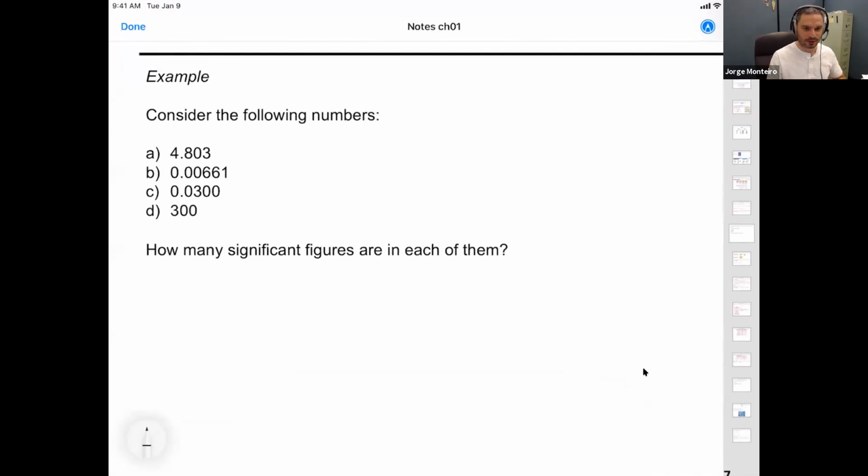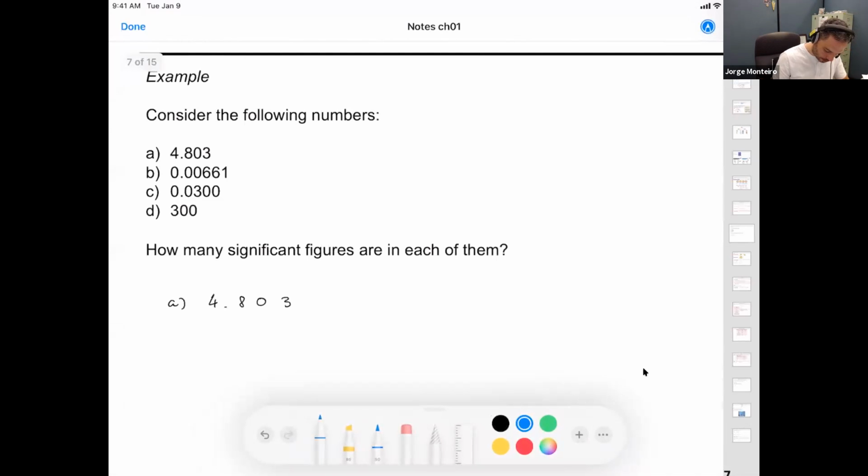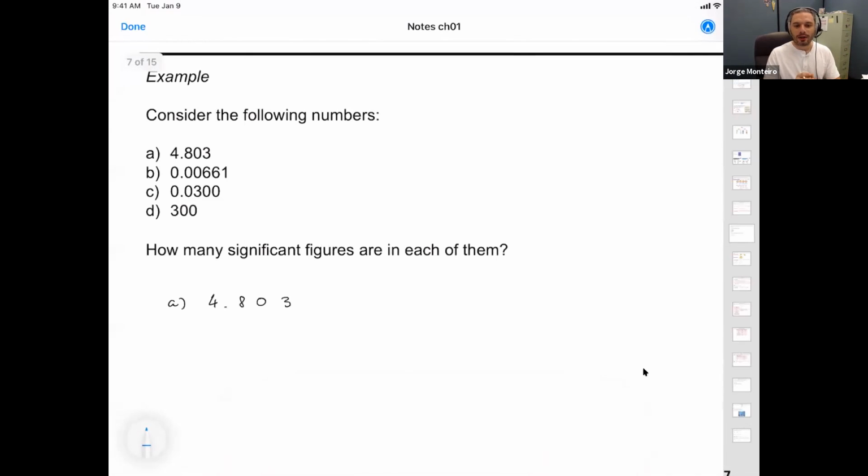All right, very good. So let's start with 4.803. Okay, so the rule here is always start from left and move towards the right side of the number.